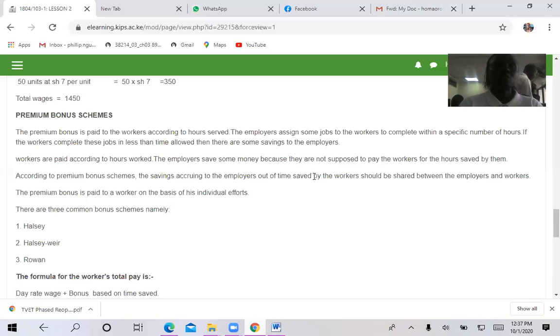Workers are paid according to hours worked. The employers save some money because they are not supposed to pay the workers for the hours saved by them. So according to premium bonus schemes, the savings accrued to the employers out of the time saved by the workers should be shared between the employers and the workers. So the premium bonus is paid to a worker on the basis of his individual efforts.